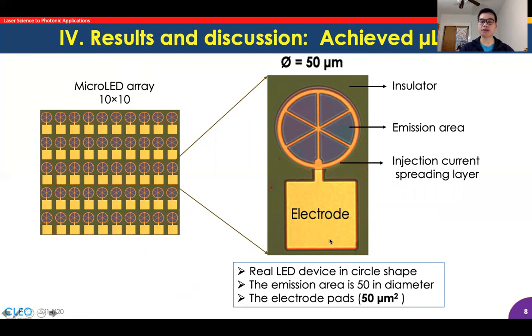The electrode has the same size but is square, and injection current is delivered uniformly into the emission area by a current spreading layer. Individual micro LEDs are separated by an insulator.